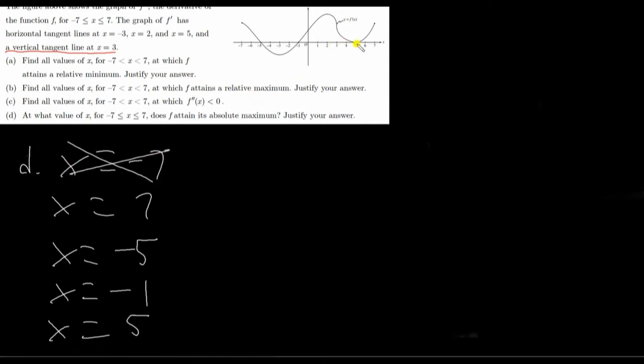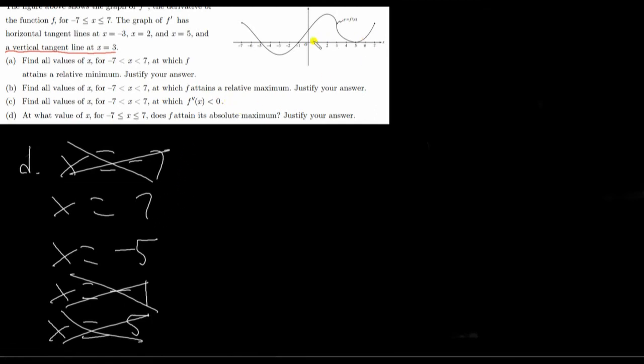When we're looking at x equals 5, starting at -1, the area gets bigger and bigger, and then it goes to 5, and it gets bigger again. So we know that 5 can't be the biggest, because 7 is bigger than 5. So we can get rid of 5. And then x equals -1 is a relative minimum. If it's a relative minimum, there's no way it's an absolute maximum, so we can get rid of that. And now we're left with x equals -5 and x equals 7.